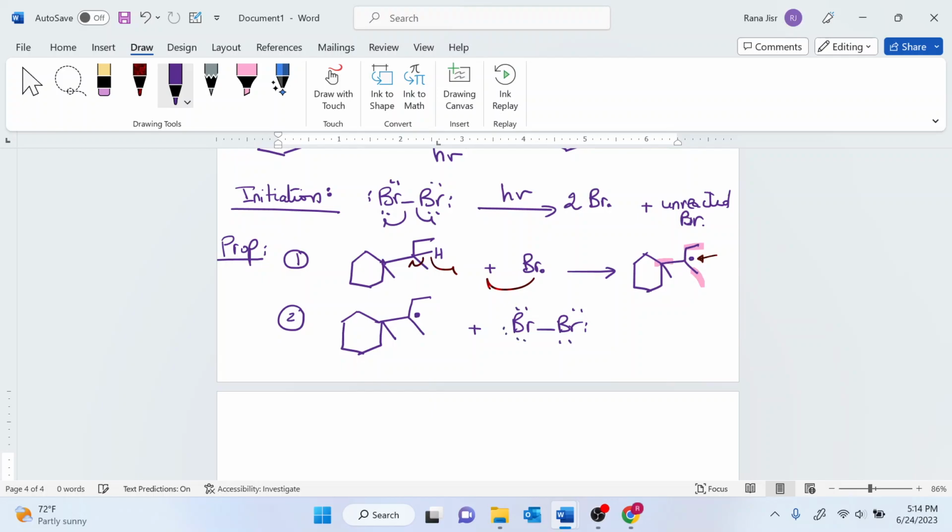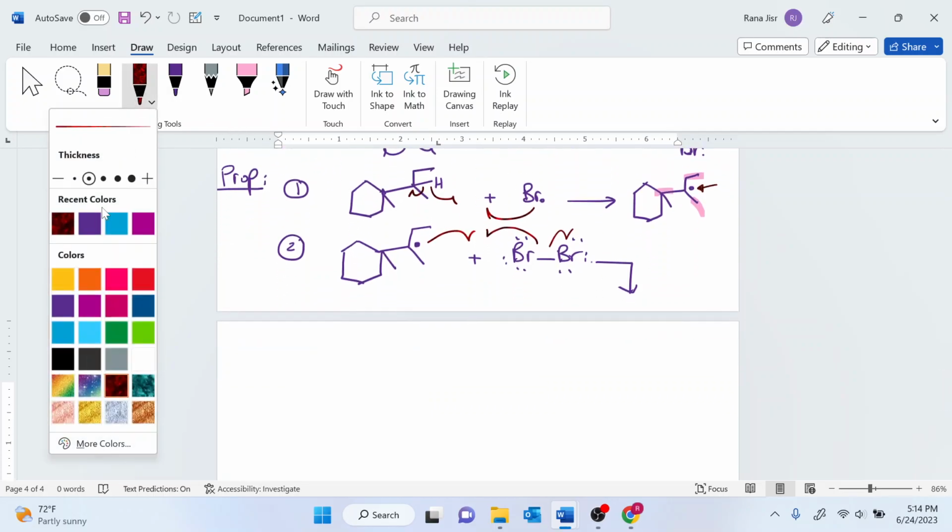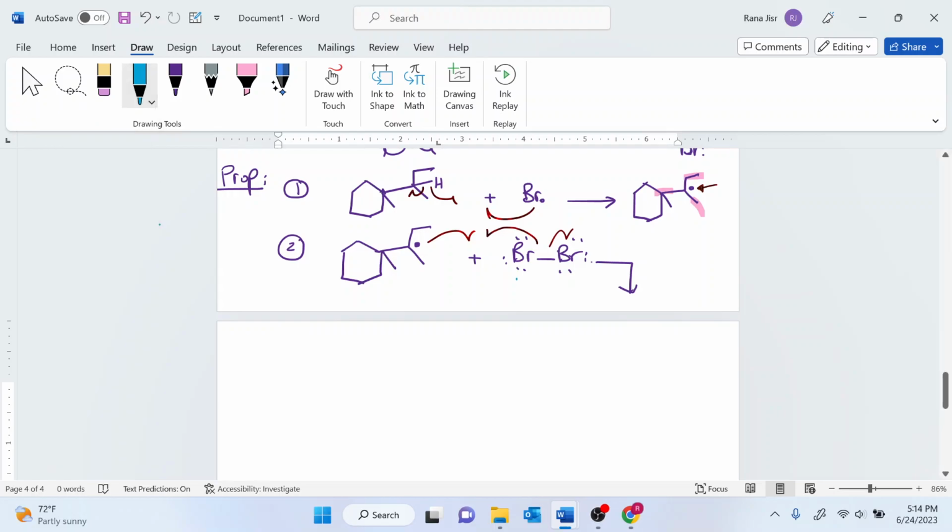So now the bromine has two possibilities. The bromine can either attack from the top, and you're going to form a free radical in there, or it's going to come and attack from the back. That free radical in there is going to react with the bromine, and you're going to form the second stereoisomer.